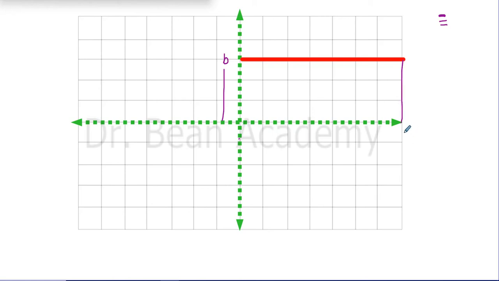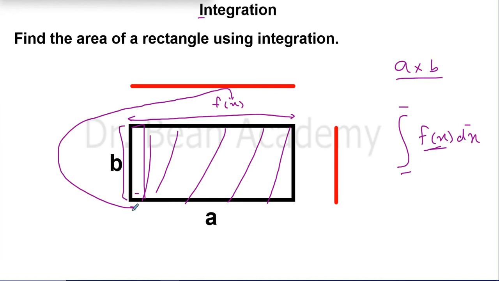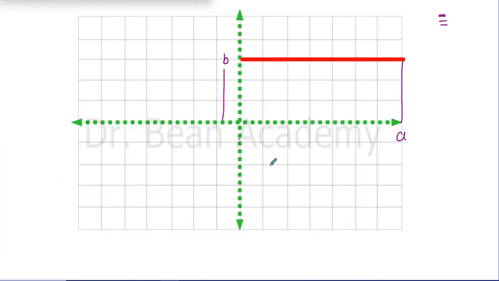This point is a, because according to the given shape, this horizontal length in this case is a. So I just chose that this point is a, and I place this line parallel to the horizontal axis at a height b, so that it will become a rectangle of the same size.